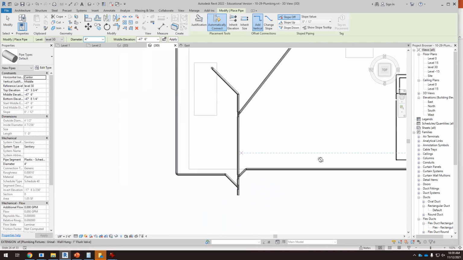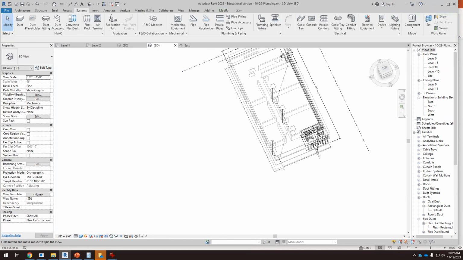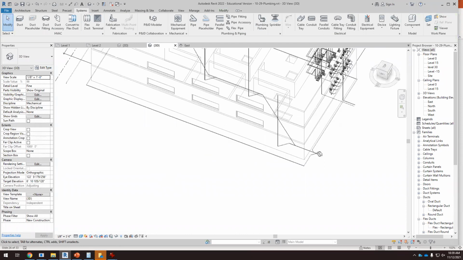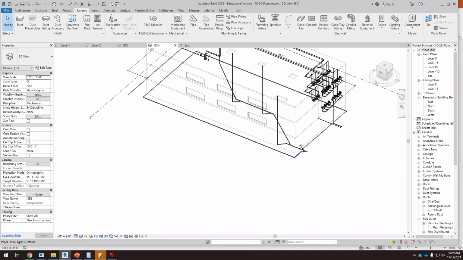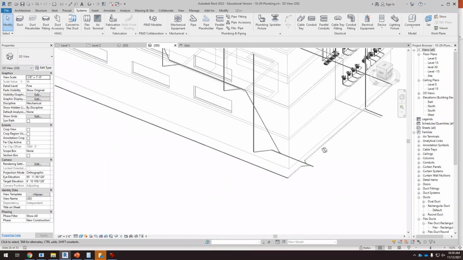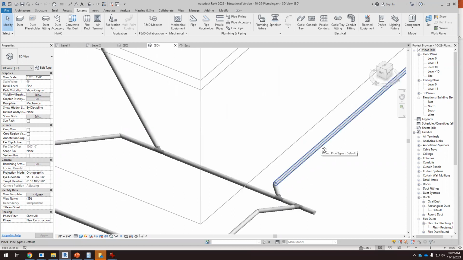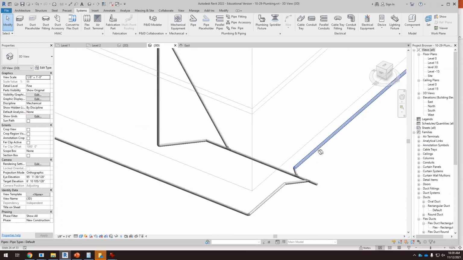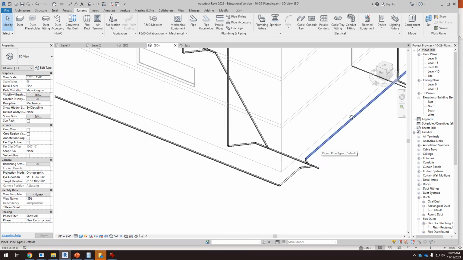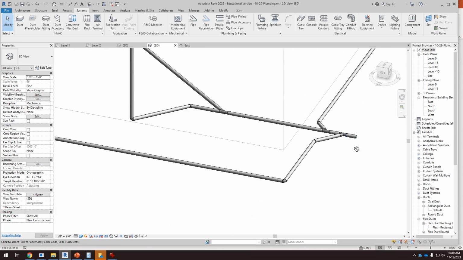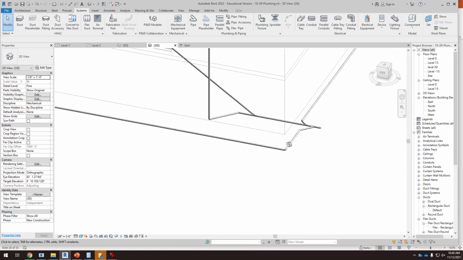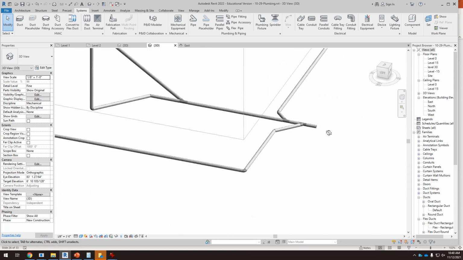Okay, so don't forget, it doesn't have to be horizontal. We need a slope, 1%, 2%. But eventually, we have to connect the water that is filtered to the soil. And then this is the water that comes from the platform. Once we are out of the building, we always have a connection.